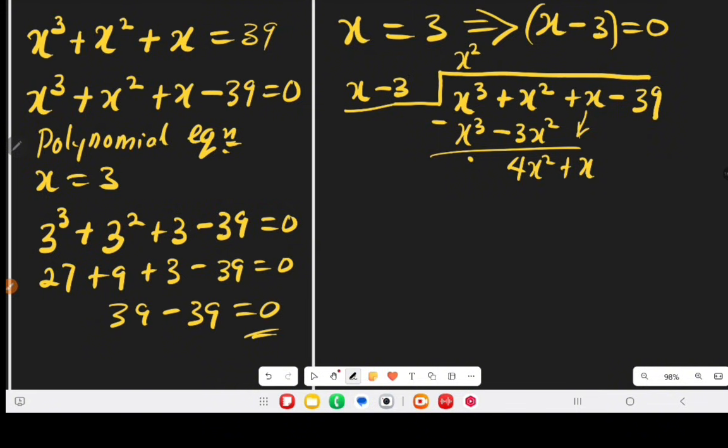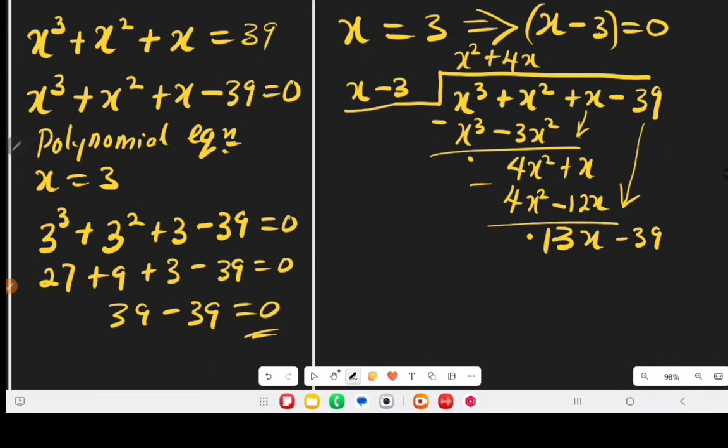Then we look for the next factor. We have plus 4x. Plus 4x times x will give us 4x squared. 4x times minus 3 will give us minus 12x. Then we subtract again. 4x squared minus 4x squared gives us 0. x minus minus 12x gives us plus 13x. Then we bring down minus 39. Then what can go?